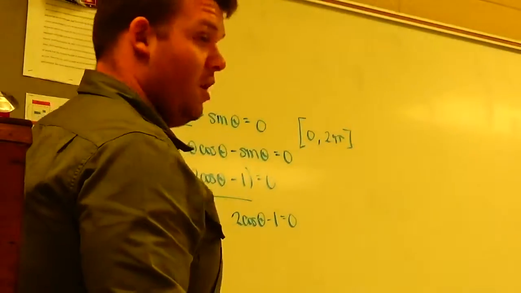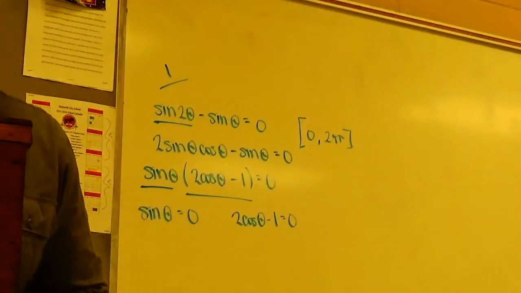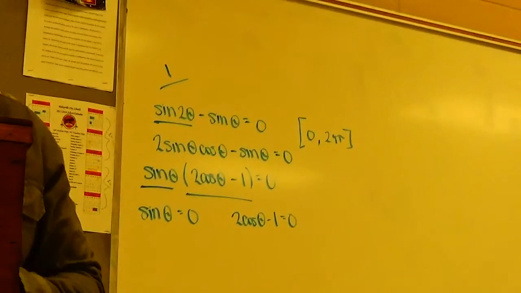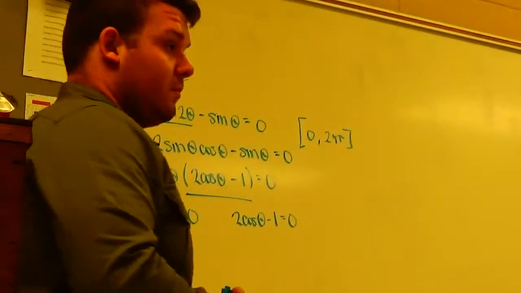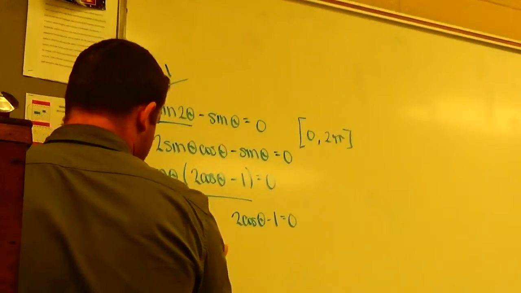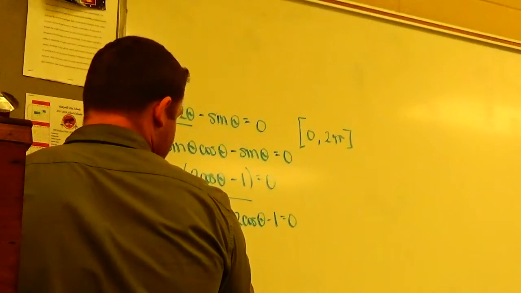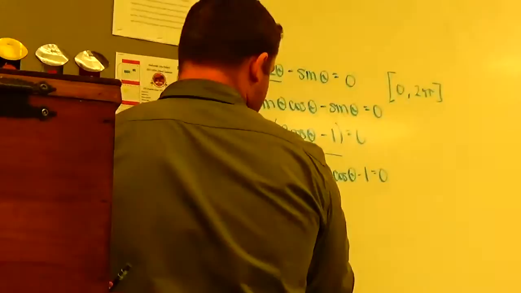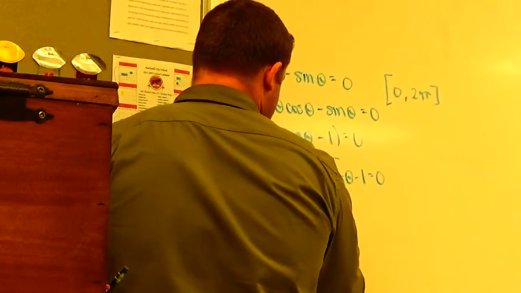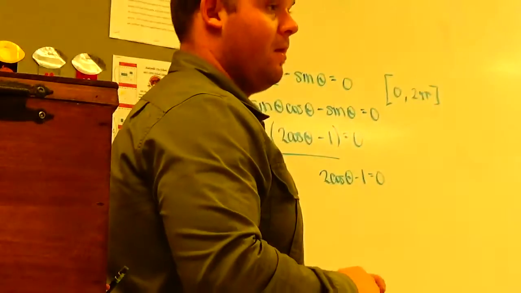This one's already done. Look on your unit circle. When does a sine of theta equal 0? Happens 3 times. 0, pi, and 2 pi, right?